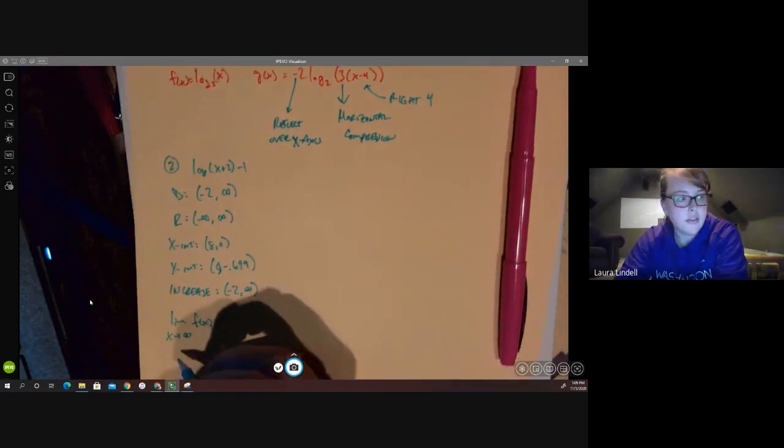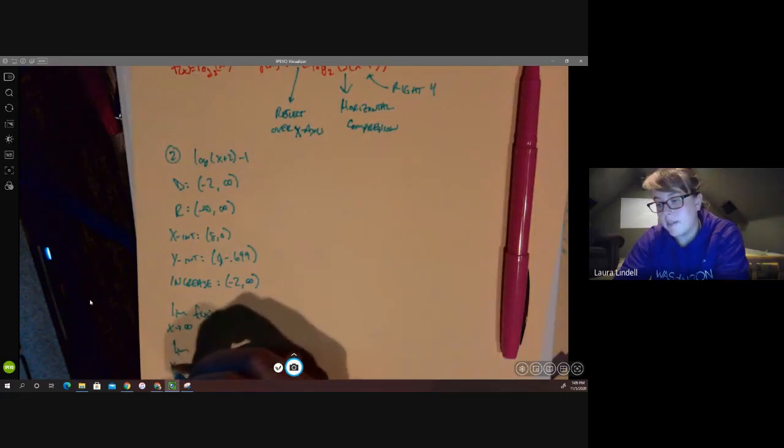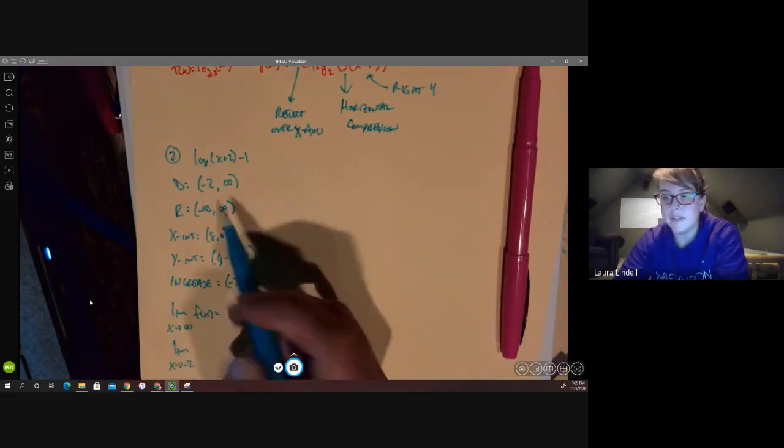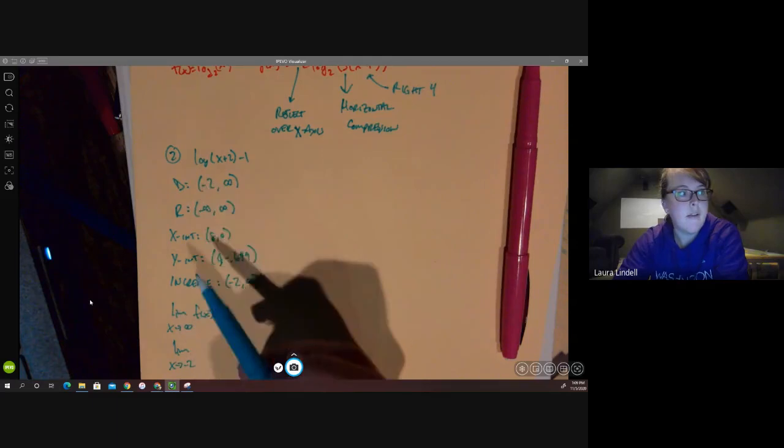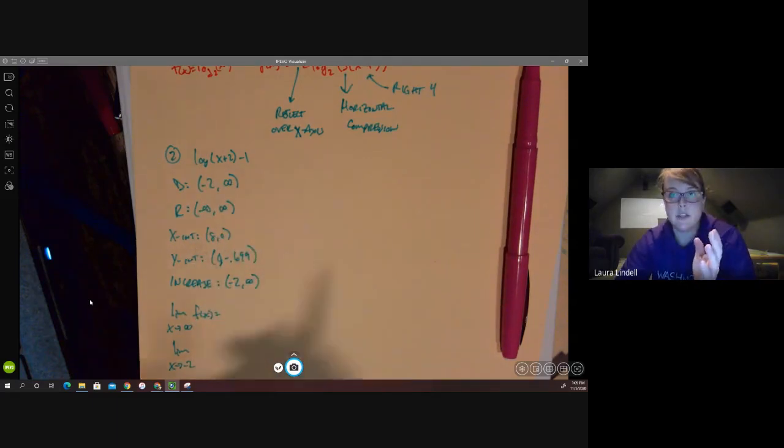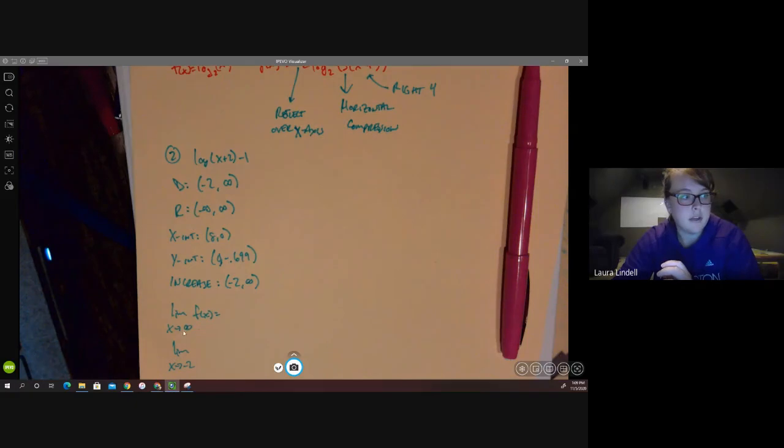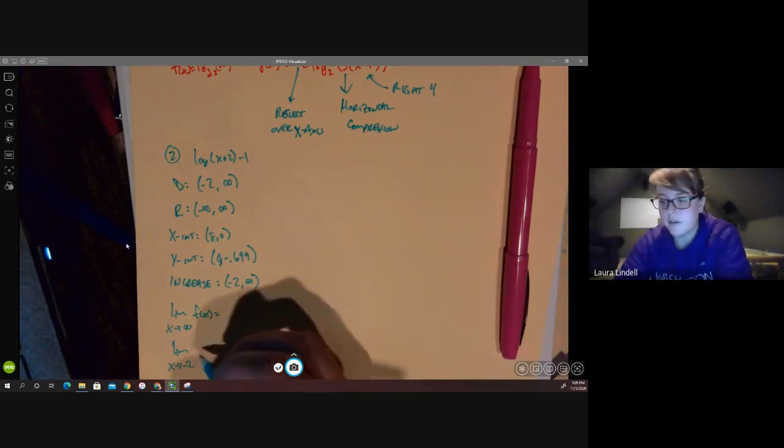And then the other end is the limit as x goes to -2, because that's the other end of your domain. So if your domain is not -infinity to positive infinity, or if it doesn't have one of those endpoints on it somewhere, then you just pick the lowest value for your left end.